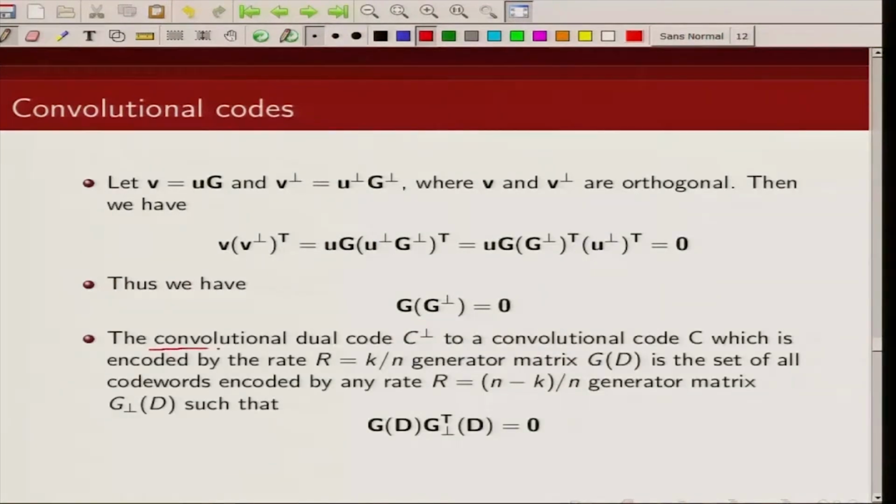So, the dual to a convolutional code C, which is encoded by a rate k by n generator matrix G(D), is the set of all code words encoded by the rate n minus k generator matrix such that G(D) and the generator matrix of the dual transpose is 0. So, the dual of the code is defined by this. Next.